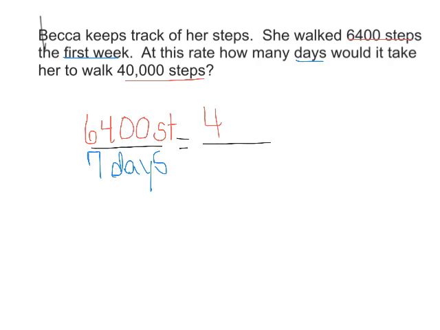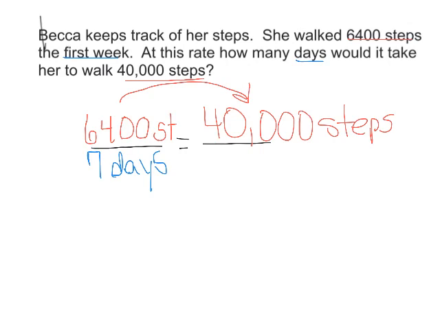So I'm going to put 40,000 steps here, so that my side-by-side labels match. That would be how many days. So I put my unknown. That's supposed to be a D, sorry. So that now my side-by-side labels match. So rather than writing 1 week, I wrote 7 days because I'm trying to find the number of days.